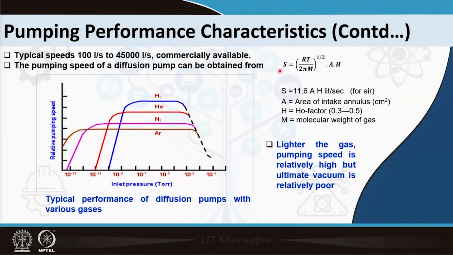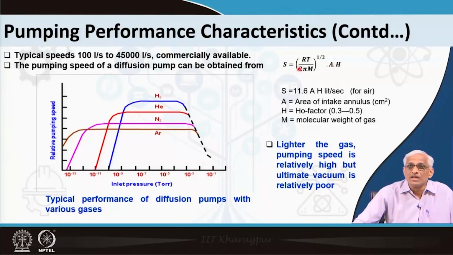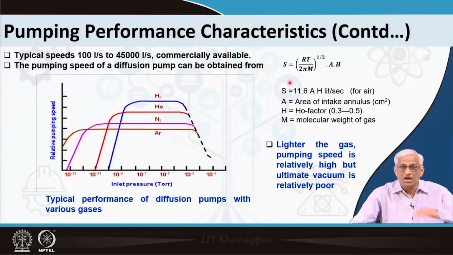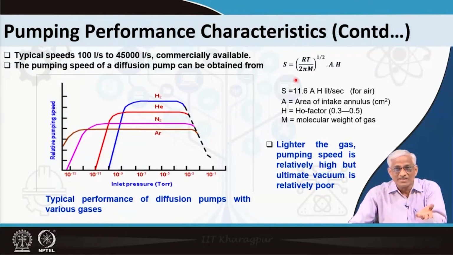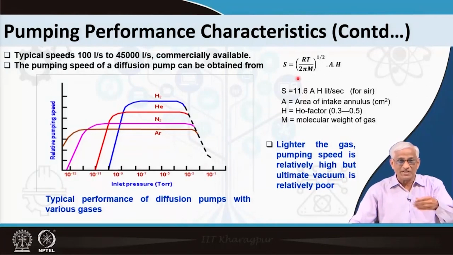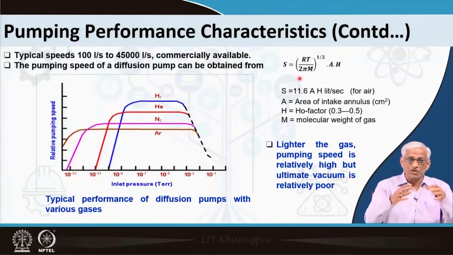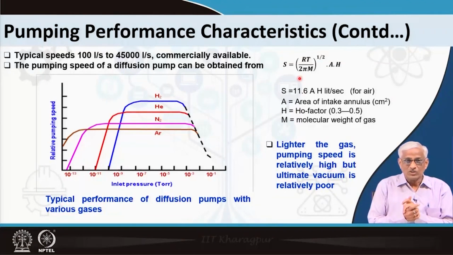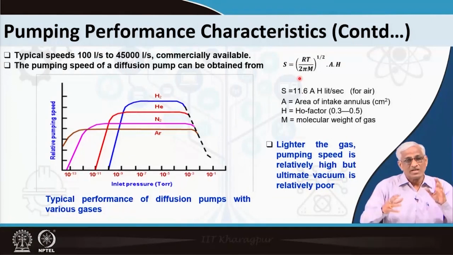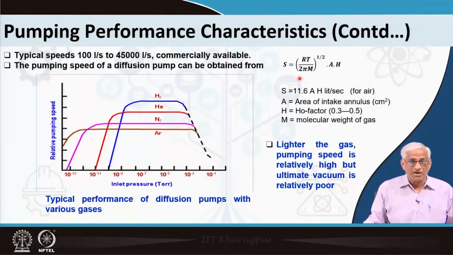Okay? And that pumping speed expression is given by this. I will not go into the details. It is proportional to the area of the pump, because molecules have to enter first, and whatever is entering, whether it is 10 power minus 3 or 10 power minus 7, the diffusion pump molecules are sufficient, they will be able to remove them with a factor. So, with a constant factor, the pumping speed will be constant.